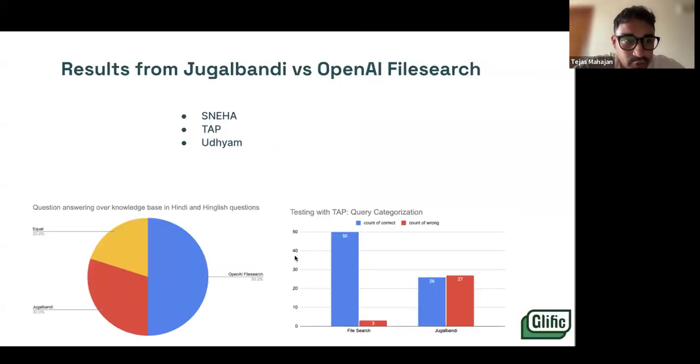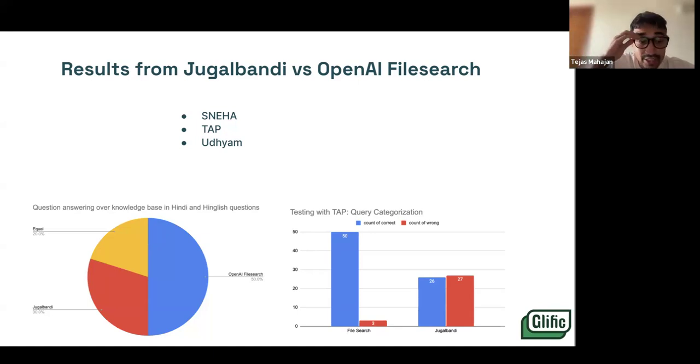Cool. So we did Jugalbandi versus OpenAI file search. We simulated some responses for two cases, one from Sneha and one from TAP. For Sneha, we had a list of questions and answers that we got from Jugalbandi, and we took a small list of those questions and ran them through the same knowledge base, same prompt, through OpenAI file search, and we gave the Sneha team the responses to rate.